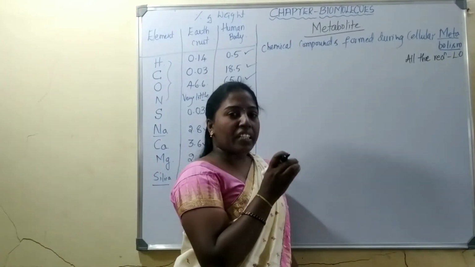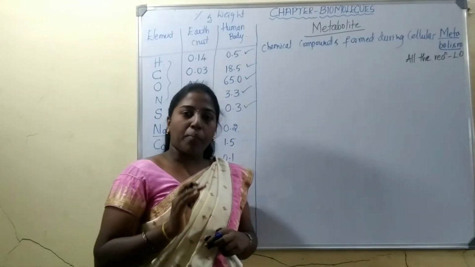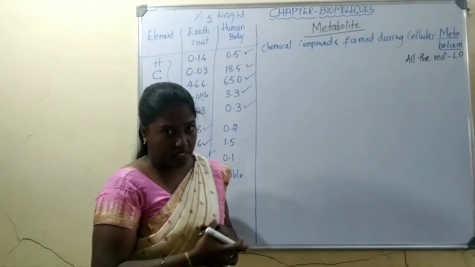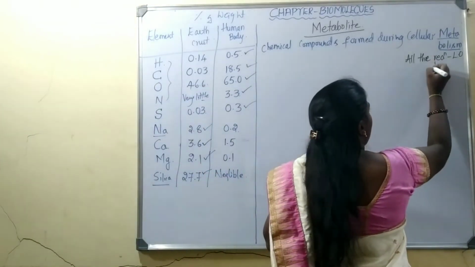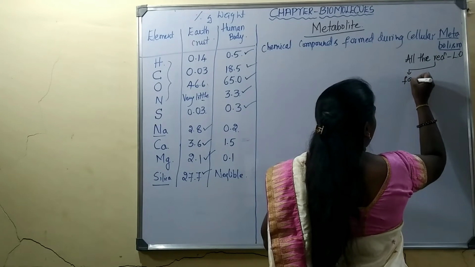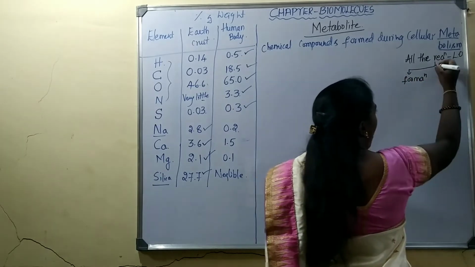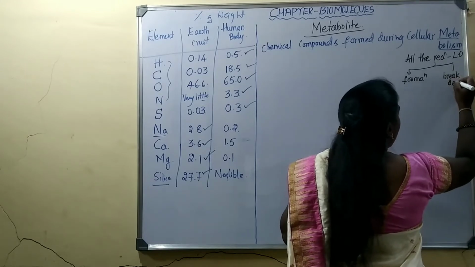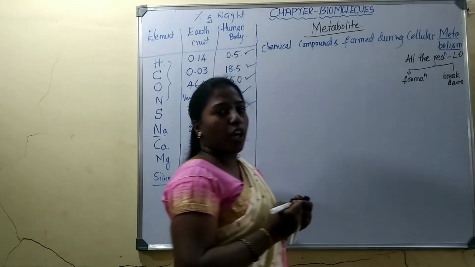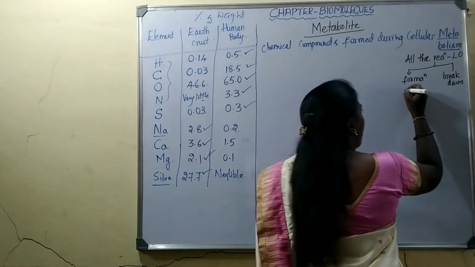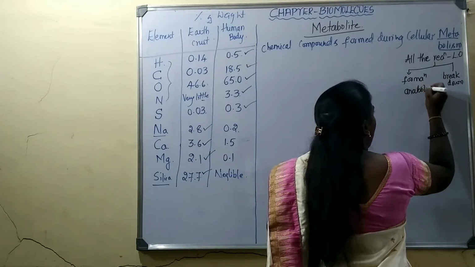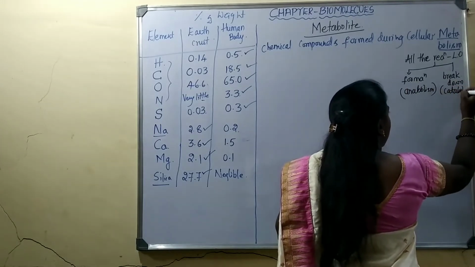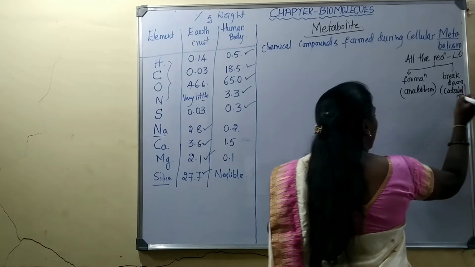When we consider the reactions, there may be a formation of chemicals or breakdown of chemicals. The formation of chemicals, we are calling it anabolism. The breakdown of chemicals, we are calling it catabolism.